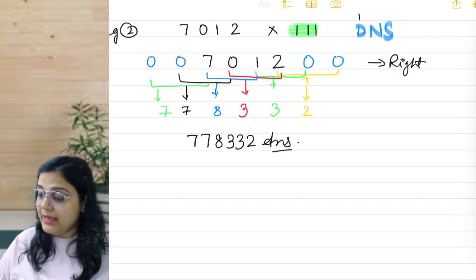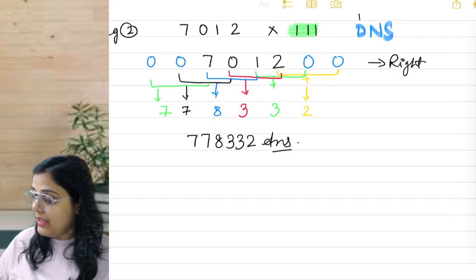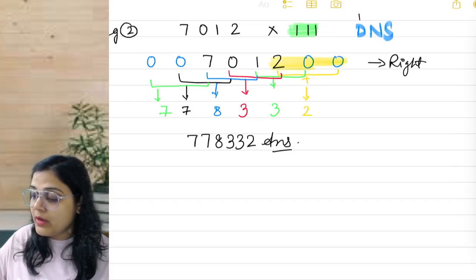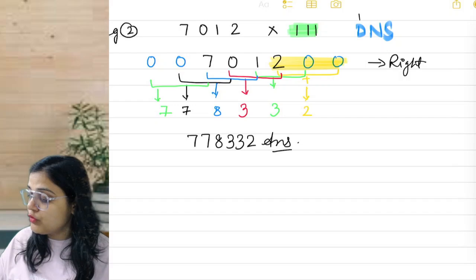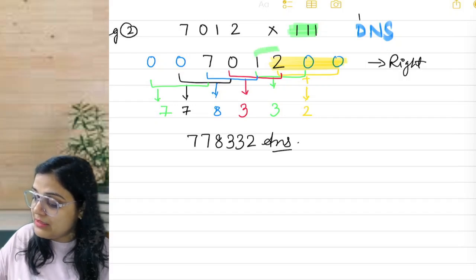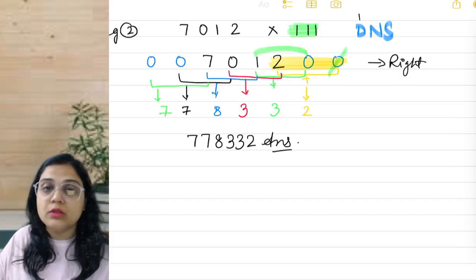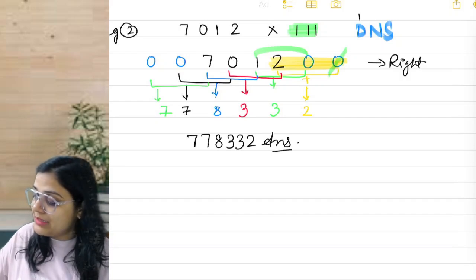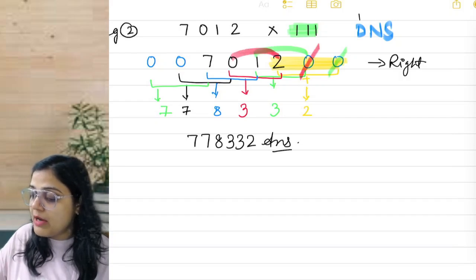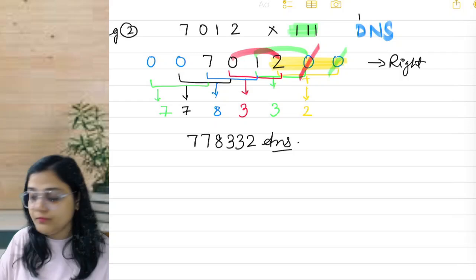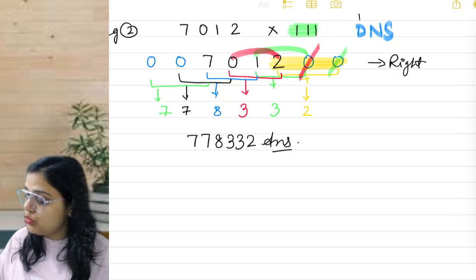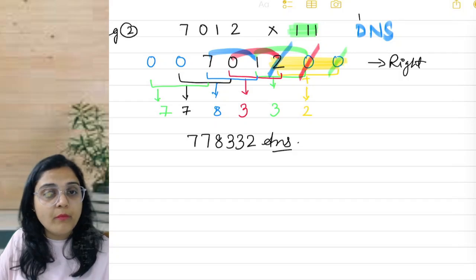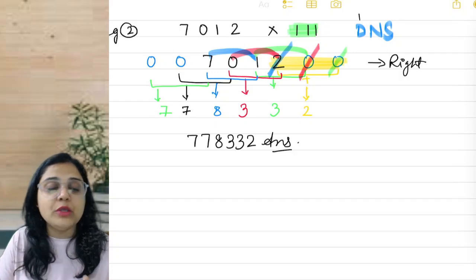Like I had these 3 in the beginning, and when I moved to the green pair, that means these 3, I skipped out this one. Then I moved to the next 3, so I skipped out this one, and so on. This way you have to do it.